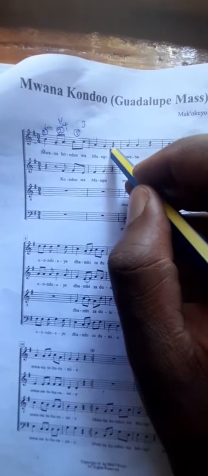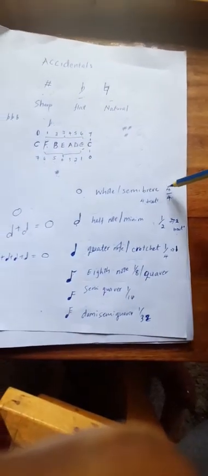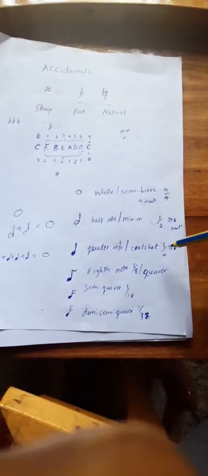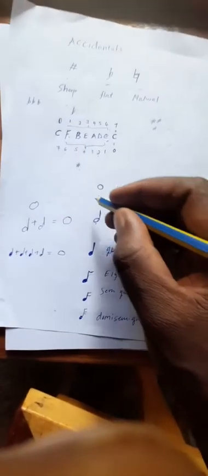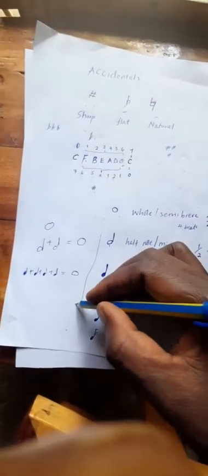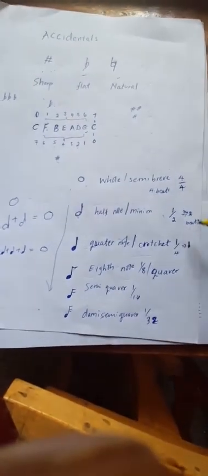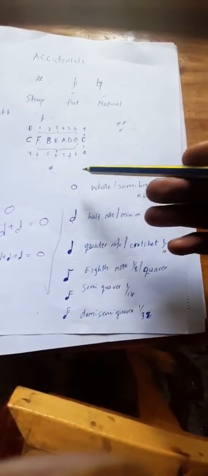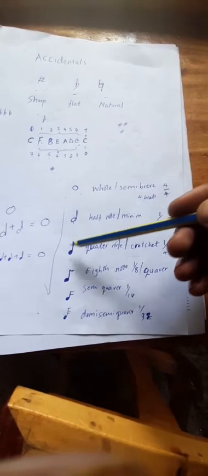Let us talk about the rests. Go back to the chart and try to find out the notes. They are in descending and ascending order, because you need to add them. For example, when you add a minim plus a minim, you'll have a semi-breve.